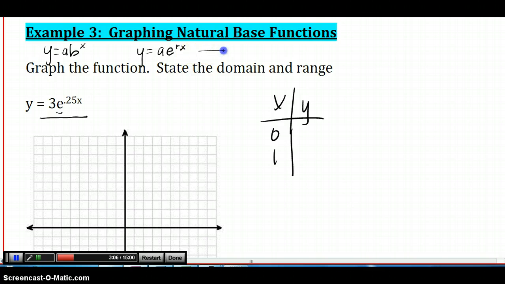And just a little side note over here, if a is greater than 0 and r is greater than 0, then this is an exponential growth function.